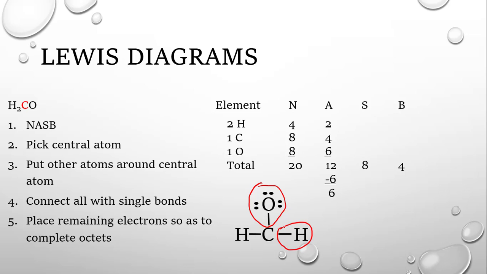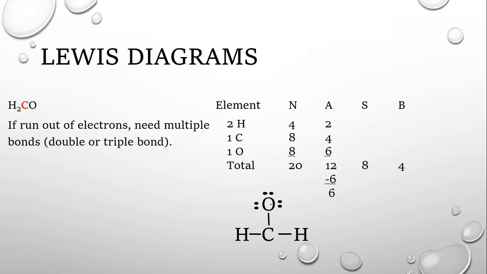Hydrogen has a noble gas configuration, as does this one, but the carbon only has 2, 4, 6 electrons. It does not have a noble gas configuration. Now, even if I had taken 2 of these and put them here, then the carbon would have had the noble gas configuration, but the oxygen wouldn't. We don't have enough electrons.